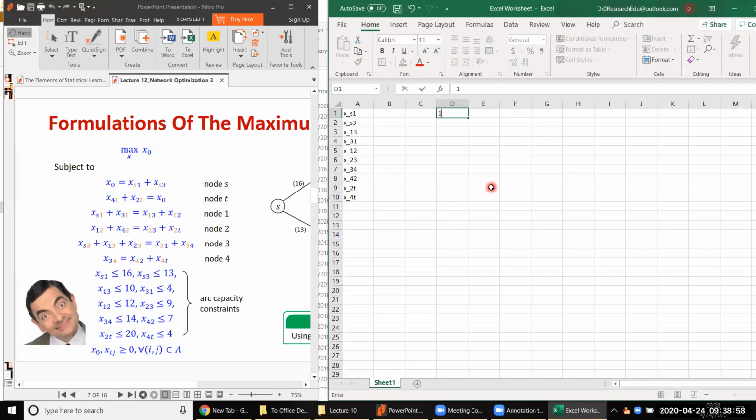And let me put the capacities here: 16, 13, 10, 4, 12, 9, 14, 7, 20, and 4. Okay, these are the capacities.